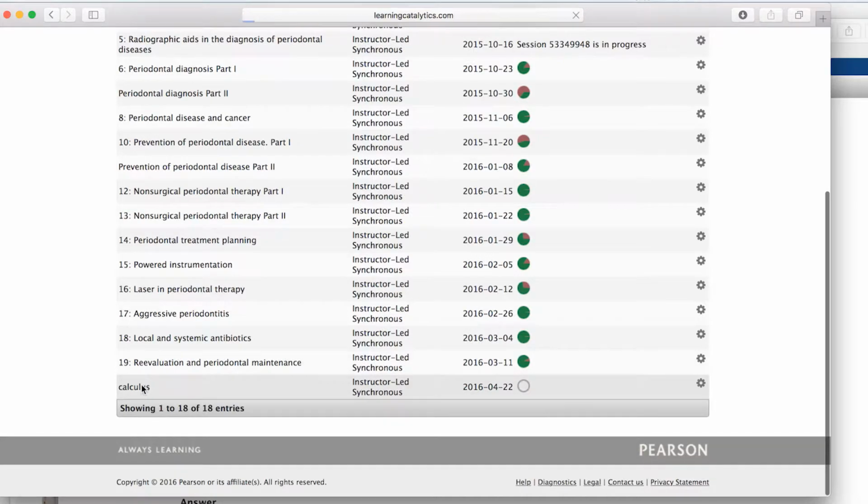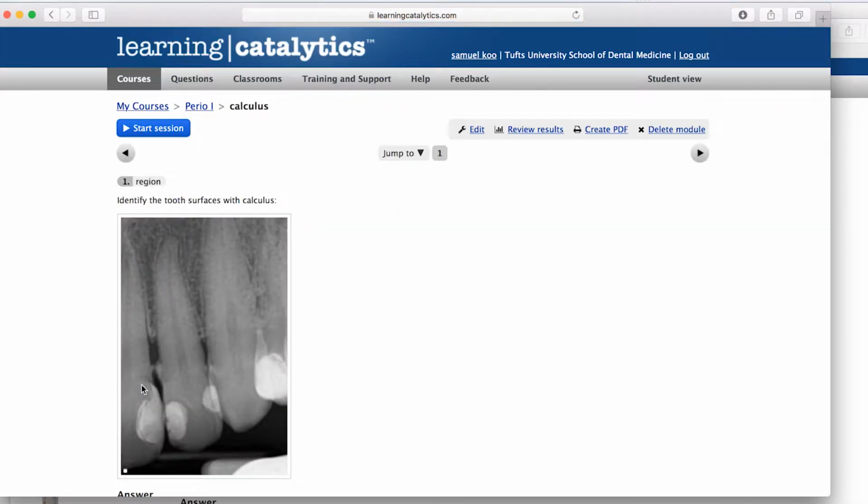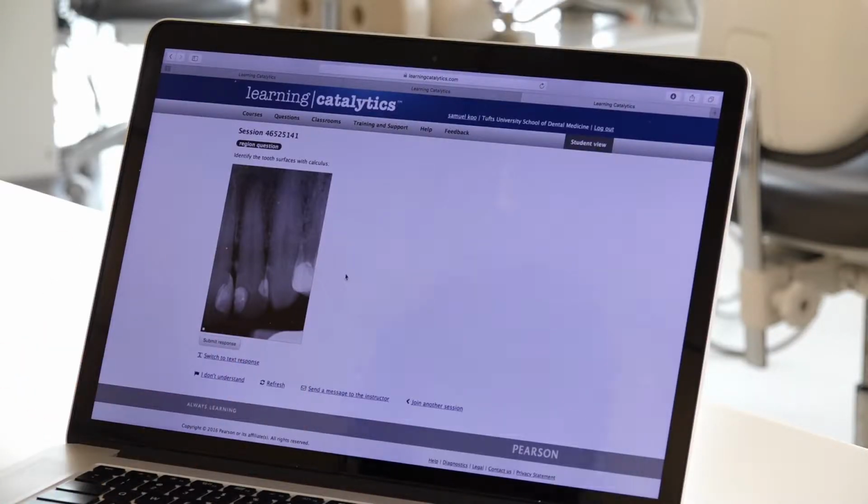Learning Catalytics offers not only traditional multiple choice tools, but also a tool where you can post a specific image of either patients or even X-ray images, and the students can pick from their laptop, smartphone, or tablet specific regions of interest.